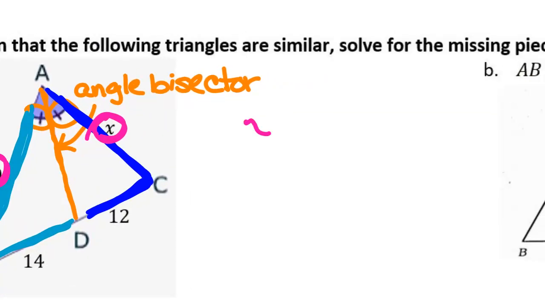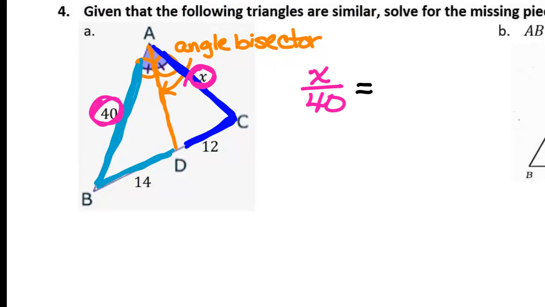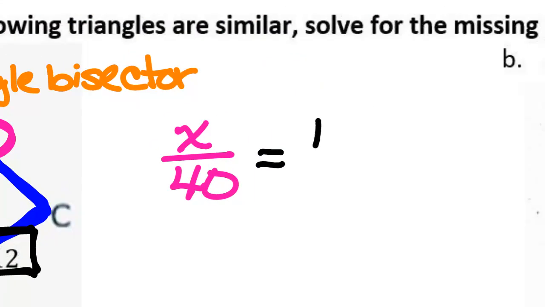Why don't we do x over 40? Equals, what would I use for my other fraction? 14 and 12. Which one has to go on the top, the 12 or the 14? 12 has to go on top because it came from the same triangle, or the same half of the triangle, that x did. So 12 over 14.